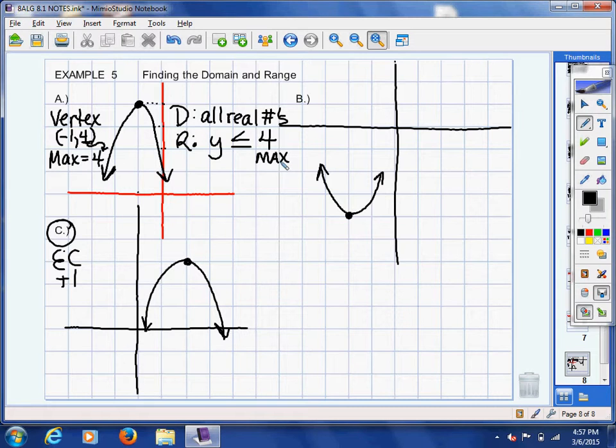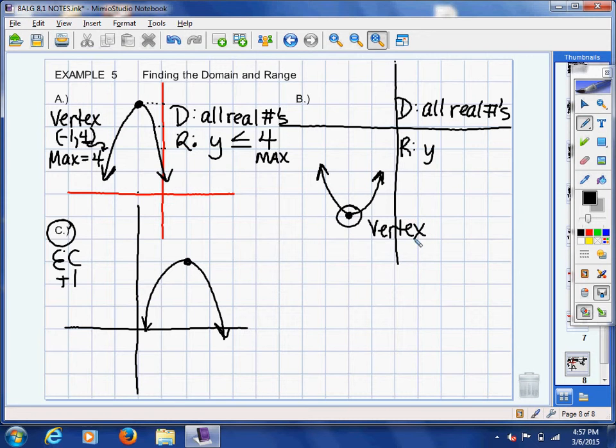Remember what I told you, domain is always going to be all real numbers. There's no limitation here because these parabolas go into infinity and they get wider and wider. So every x is going to be accounted for on the graph. Your range is hooked and tied into your vertex. So the first thing we need to do is identify this vertex.